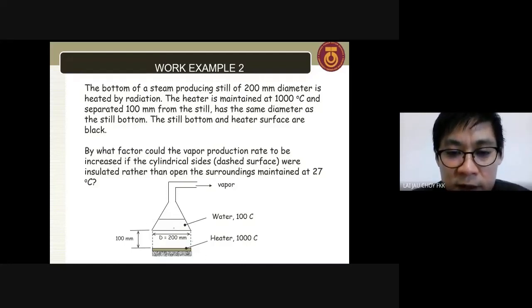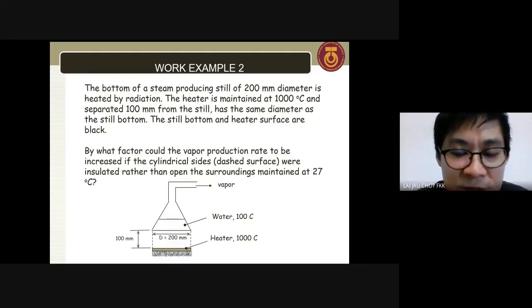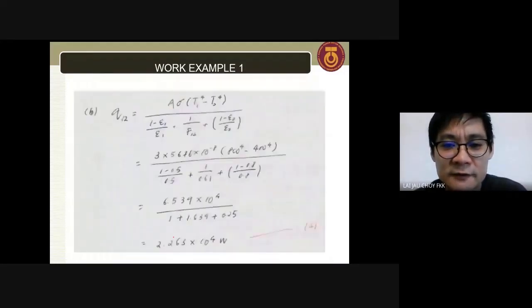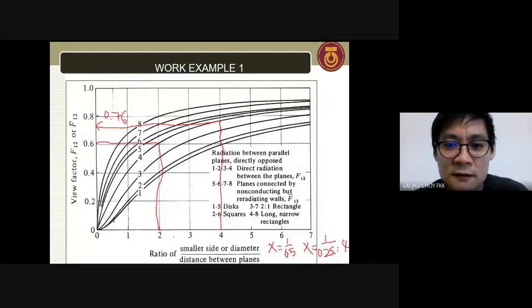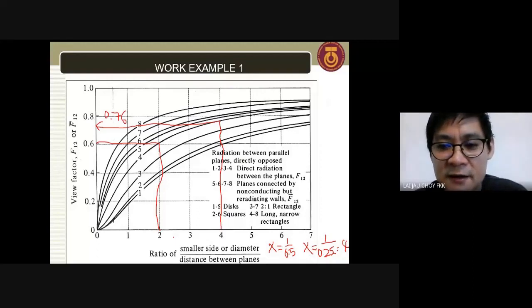So now the situation is you have two surfaces facing one another. The graph or chart you can refer to is this one, because this is radiation between parallel planes directly opposed to one another.